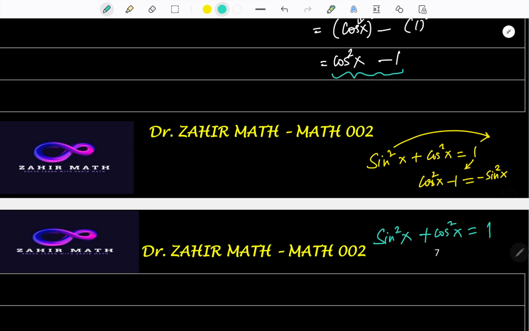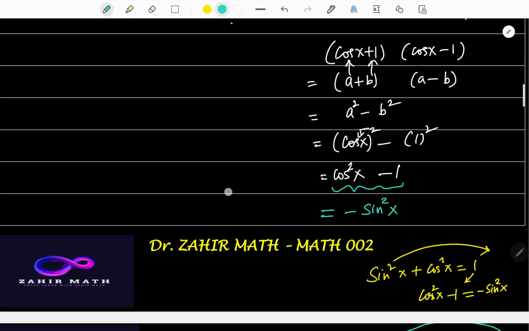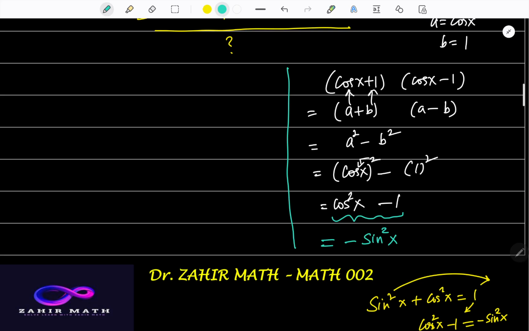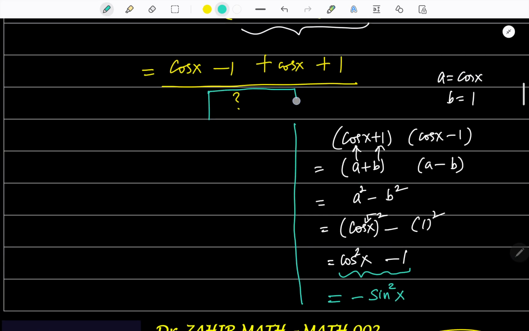We want cosine square x minus 1, so I want to bring this 1 to this side, and sine square x will go to that side. So cosine square x minus 1 equals minus sine square x. Again, I'll repeat, listen carefully: sine square x plus cosine square x is equal to 1. We want cosine square x minus 1. If this 1 comes this side, sine square x will go that side as minus. So this is equal to minus sine square x. Very, very important. So the denominator will be minus sine square x.